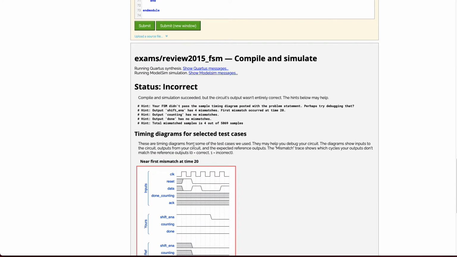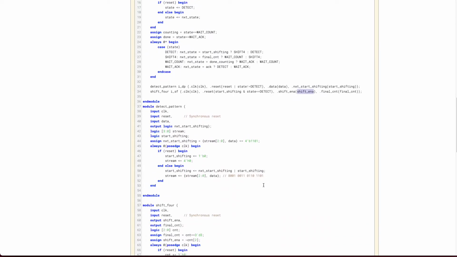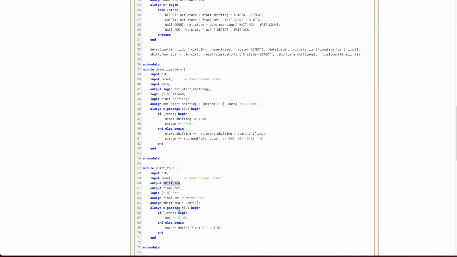So why is shift enable 1? Shift enable is 1, and shift enable is 1 here. That means shift enable is 1 here. That means in this specific application, the actual reset causes it to start.